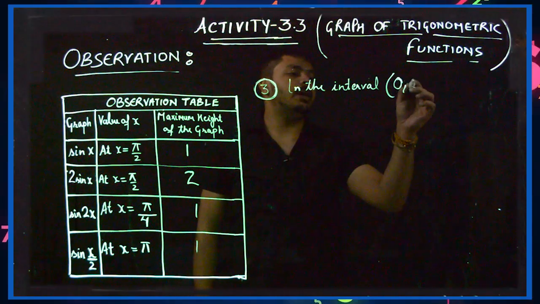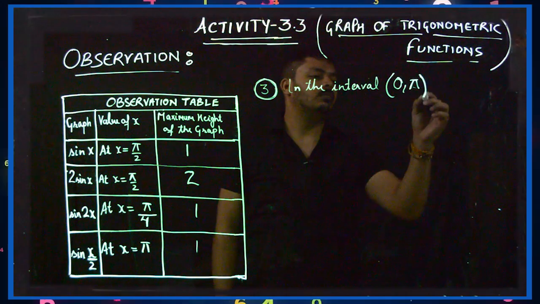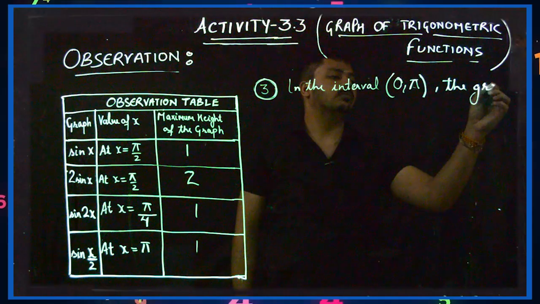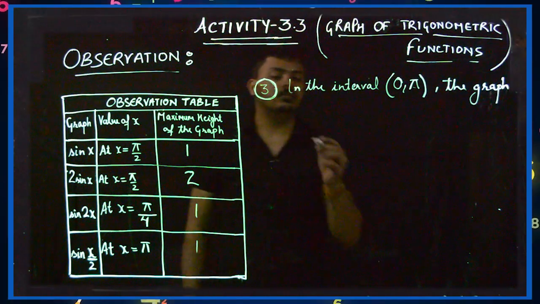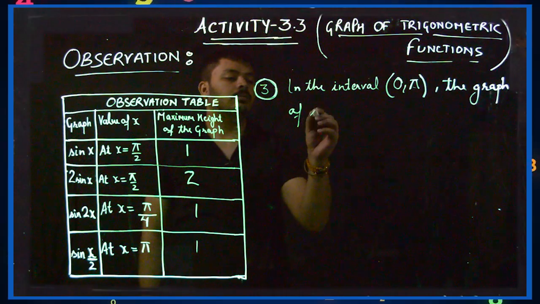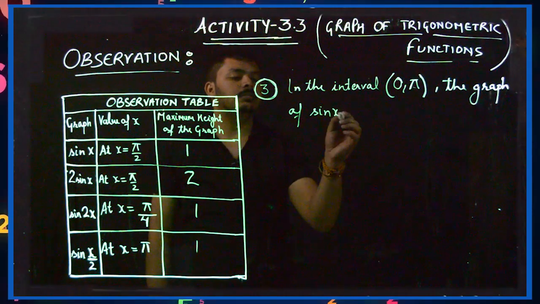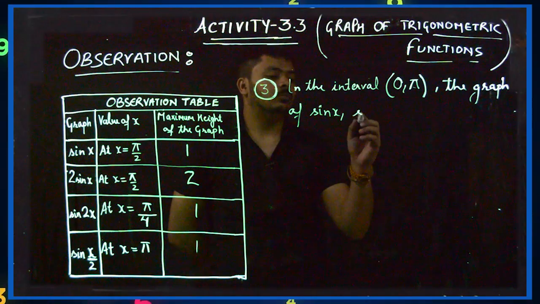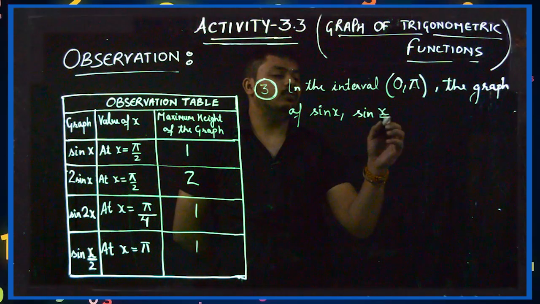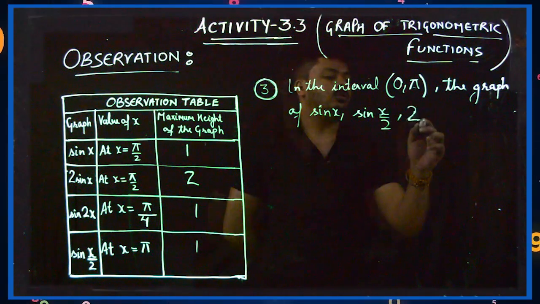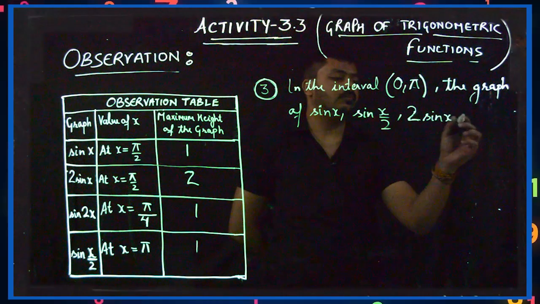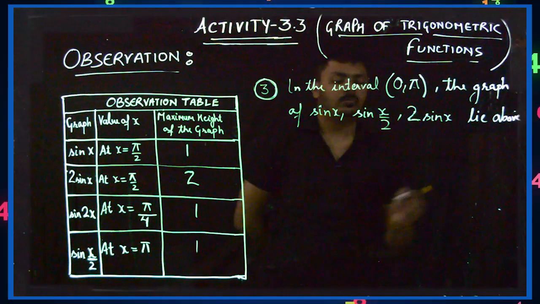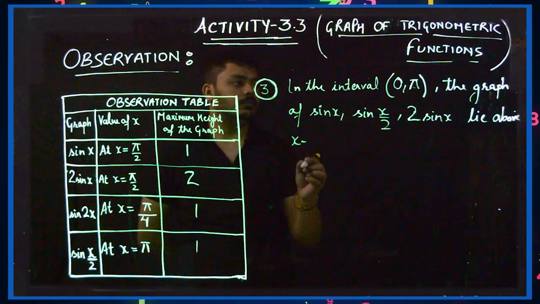Third, in the interval 0 to pi, the graphs of sin x, sin x by 2 and 2 sin x lie above x-axis.